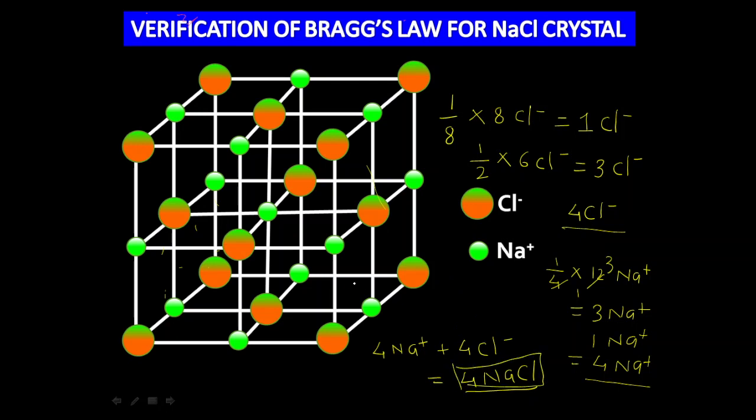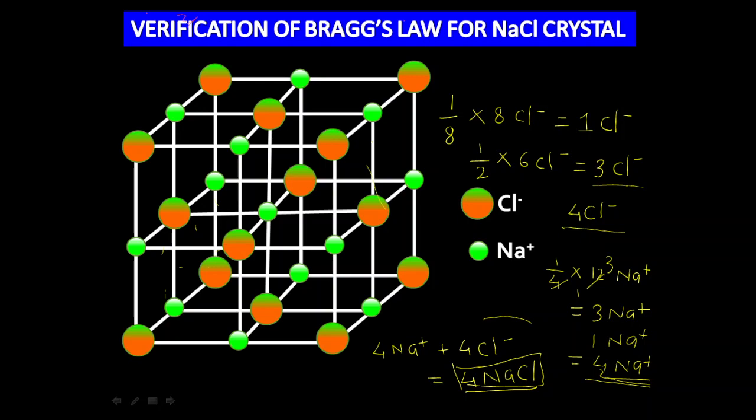We have calculated the effective number of Cl- ions and the effective number of Na+ ions: 4 Cl- ions and 4 Na+ ions, and a total of 4 NaCl molecules present in this NaCl structure.